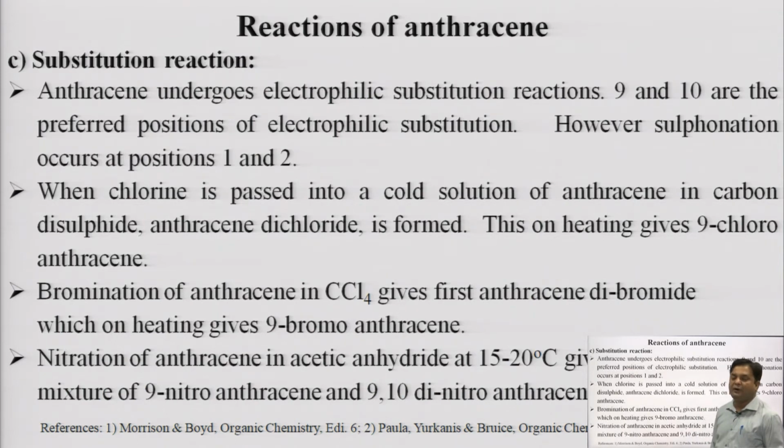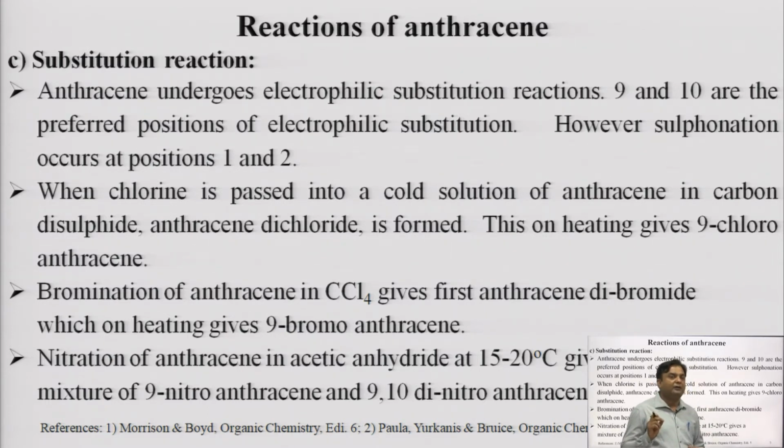Then the most important reactions given by the anthracene are the substitution reactions. As I have told you earlier, the electron cloud is present above and below the plane of the anthracene because of the unhybridized p orbital, which has single electrons.